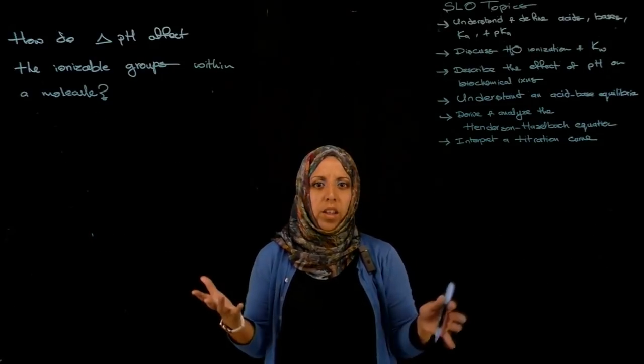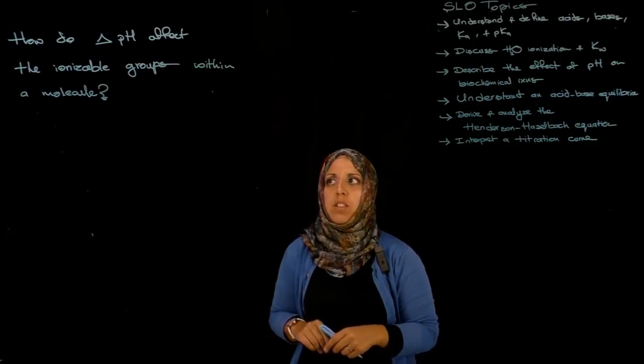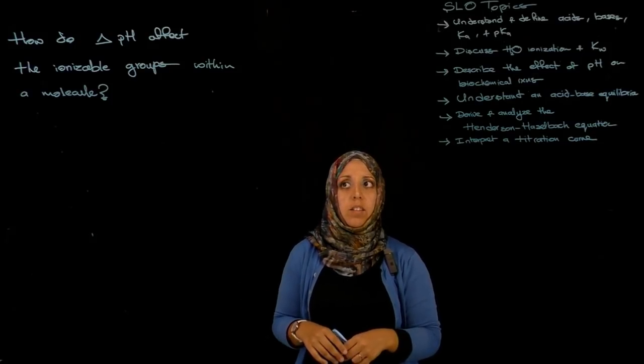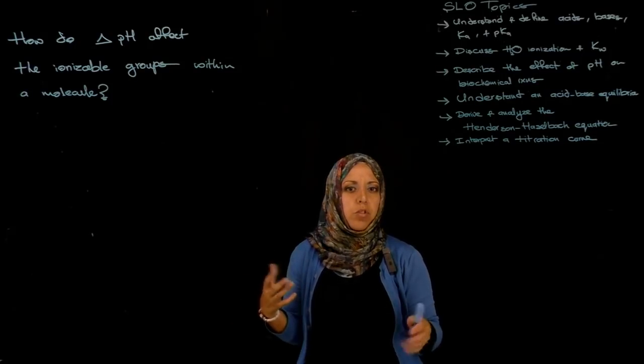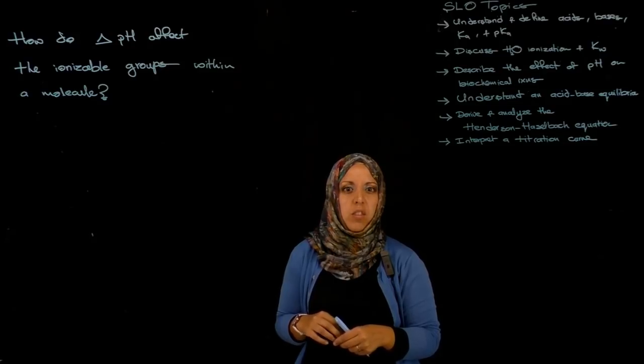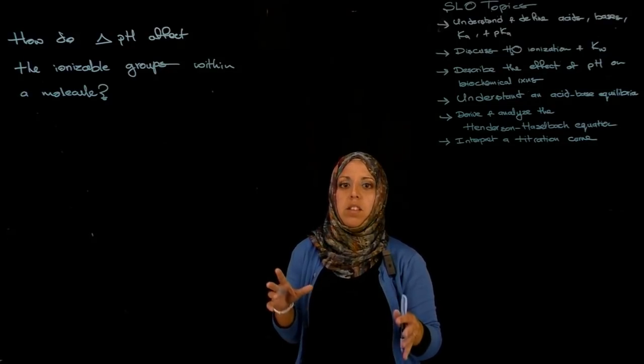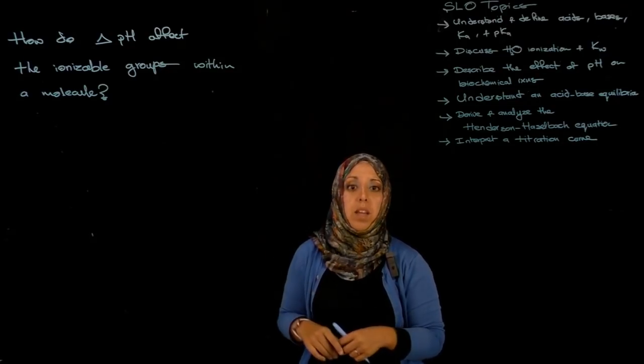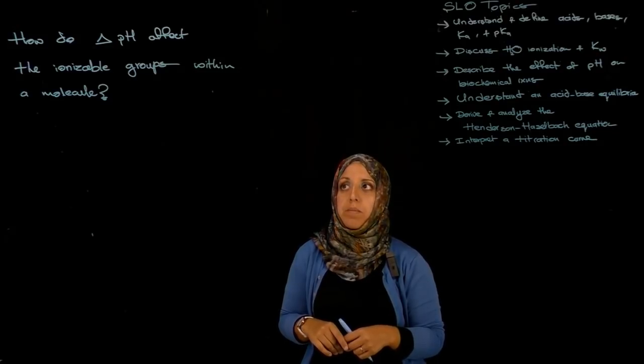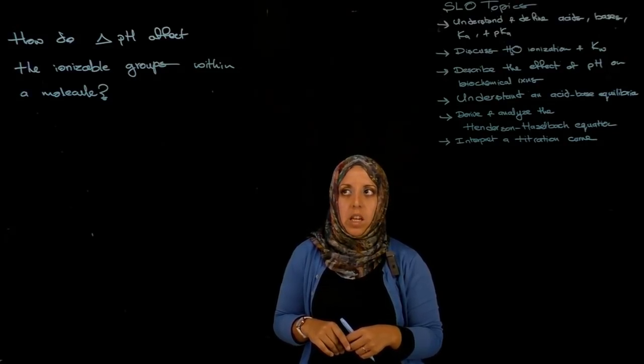All right, so let's ask ourselves, how do changes in pH actually affect the ionizable groups within a molecule? What would be the charge of a molecule at a given pH? Or how do changes in concentration really alter the pH of the solution?